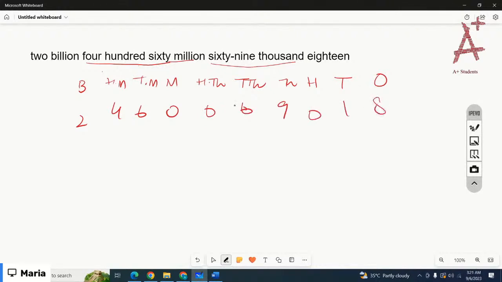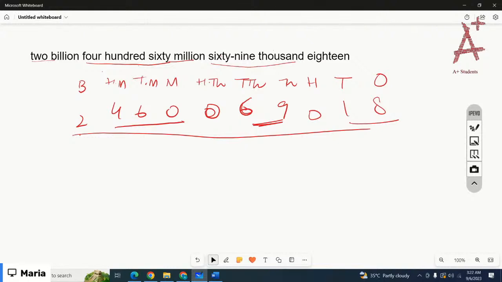It would be like this. 2 is at the billions position. 460 is the millions part. Then you have 69,000, so just 69 thousand, which means the hundred thousands digit would be 0. Then the hundreds digit is 0 and you have just 18, so that is the number it makes.